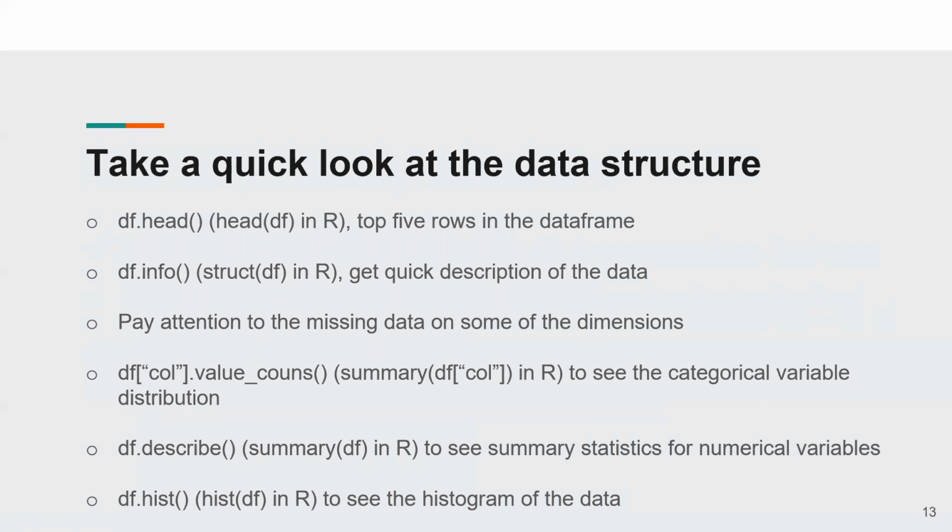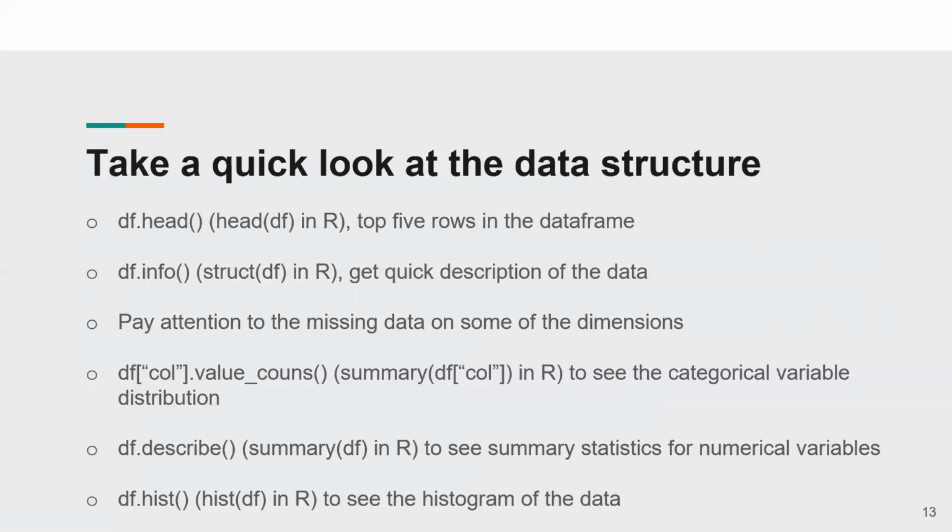So once you have the data in your environment, you want to take a quick look at the data structure. This is always something that you want to do in any data analysis or statistics or machine learning project. You can look at the data using df.head.